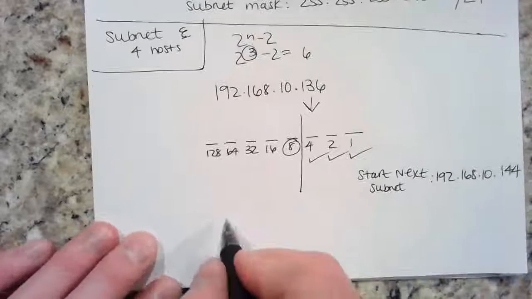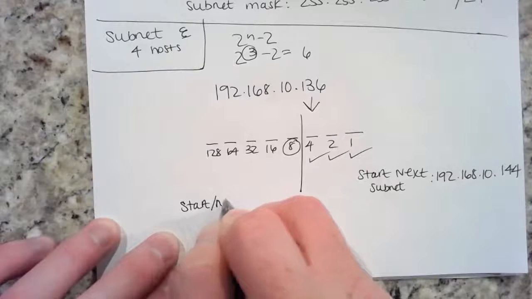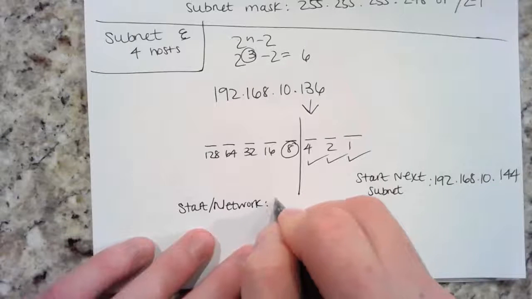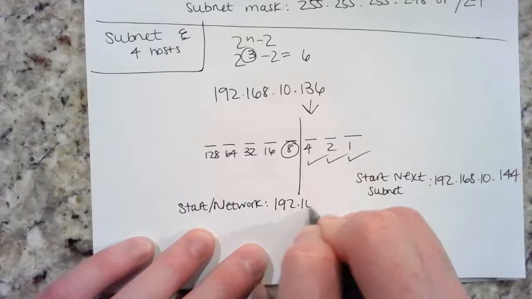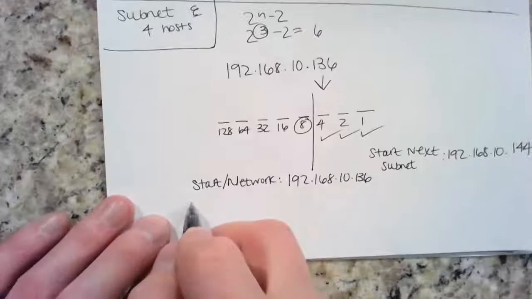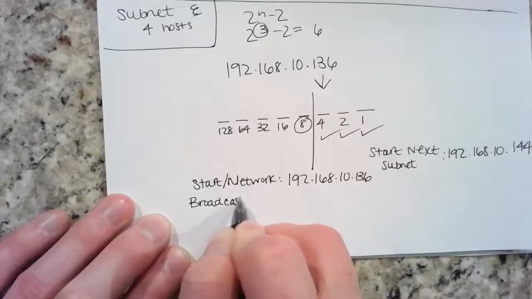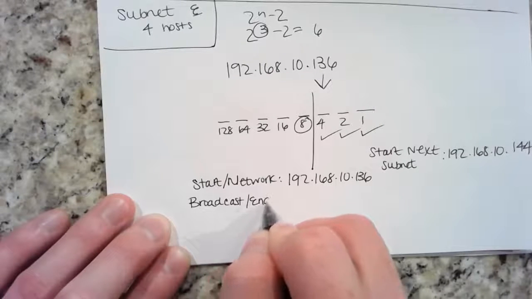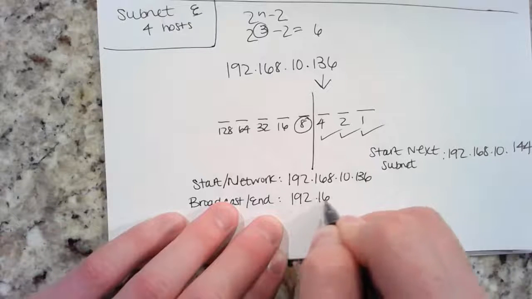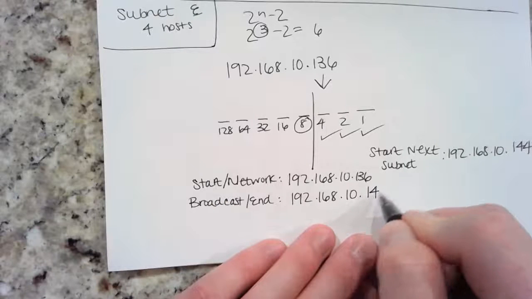So our starting address, or our network, is 192.168.10.136. Our broadcast, or our end, is 192.168.10. And it'll be one previous to that, so 143.